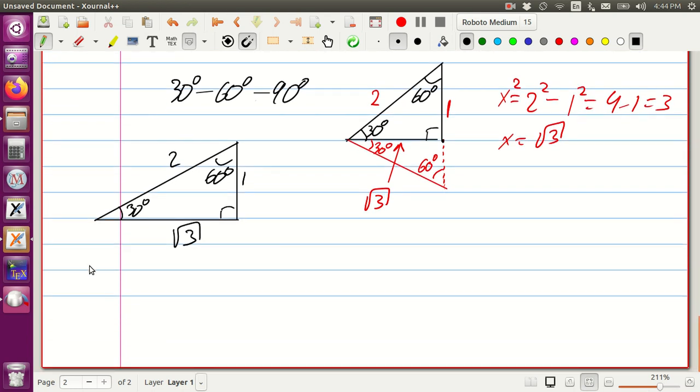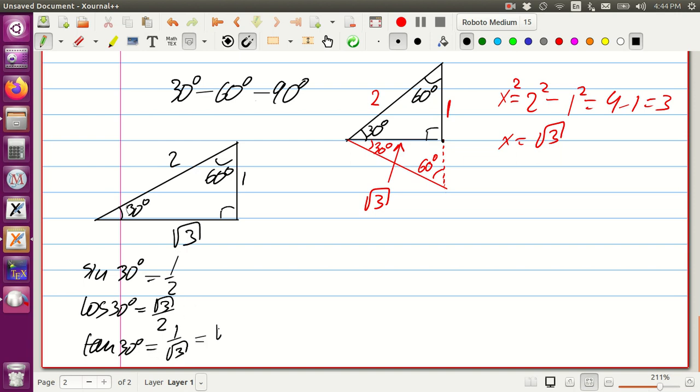After this, we start writing sine of 30 degrees. For 30 degrees, opposite is 1, hypotenuse is 2, so it's 1/2. Cosine of 30 degrees is adjacent over hypotenuse, square root of 3 over 2. And tangent of 30 degrees is 1 over the square root of 3. But again, some people write it as square root of 3 over 3, not crazy important.